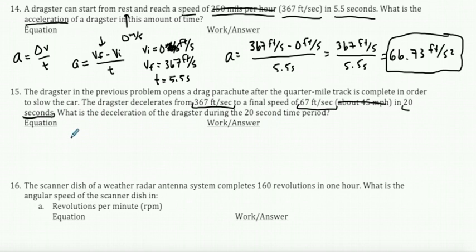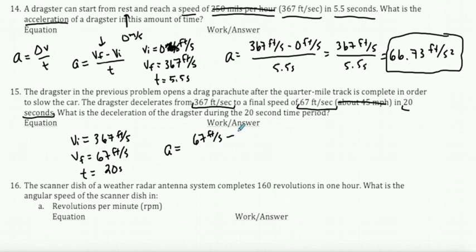So now our initial velocity is going to be that 367 feet per second because we're slowing down. So we want to see our acceleration or our deceleration here going from that to that. So the final velocity is 67 feet per second. And then our time value here, it takes us 20 seconds to slow down. So let's plug that into our acceleration equation. So final is 67. Initial is 367.